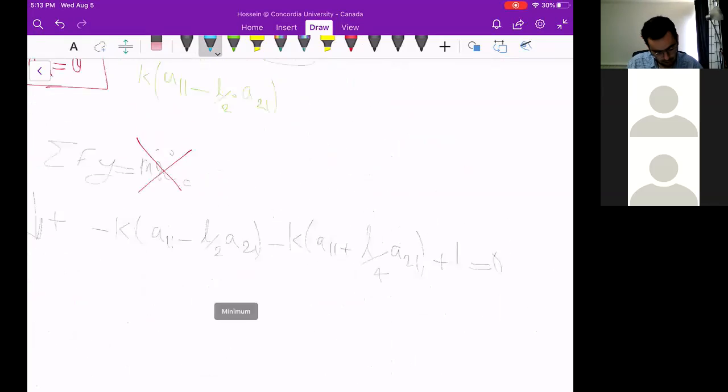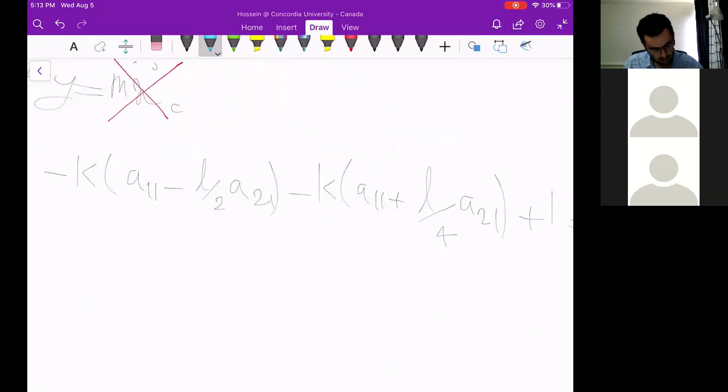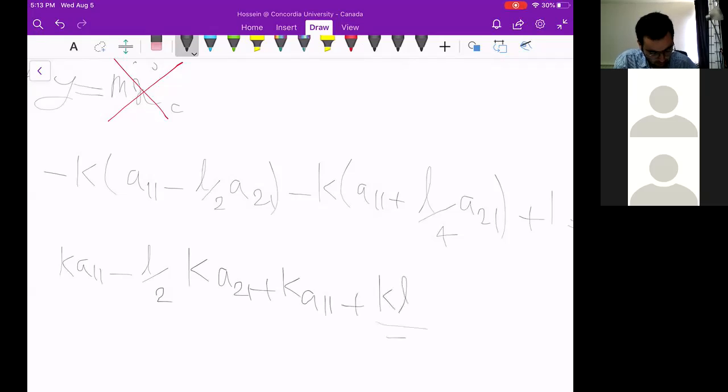So here you have to just isolate A11 from this equation. And if I isolate A11, you have to manipulate further. K A11 minus half L K A21 plus K A11 plus K L over 4 A21 is equal to 1.